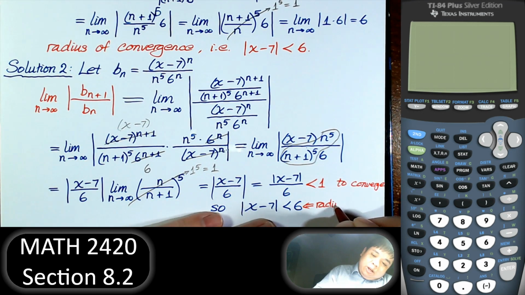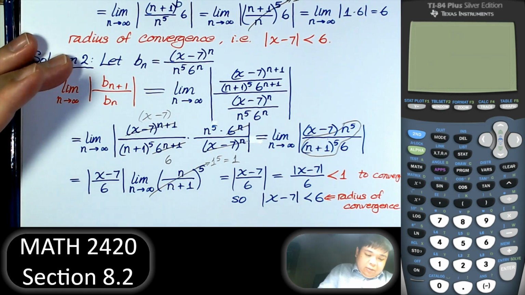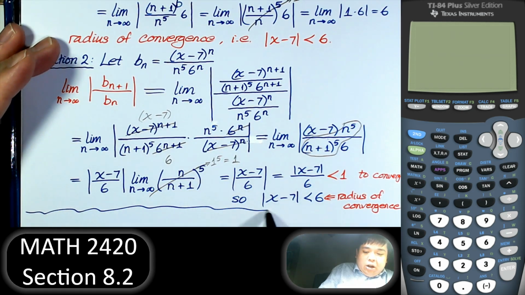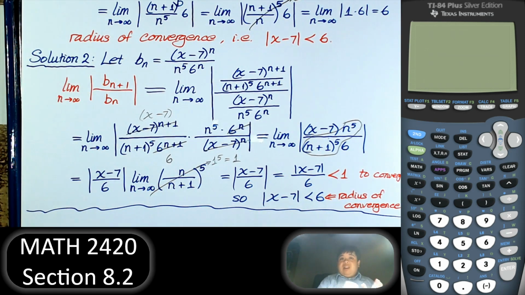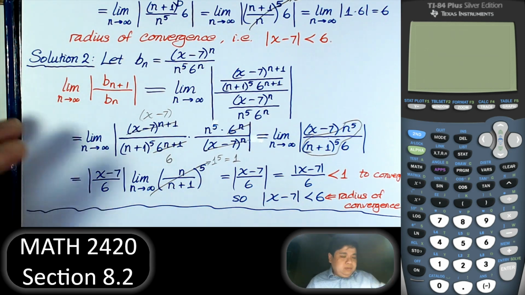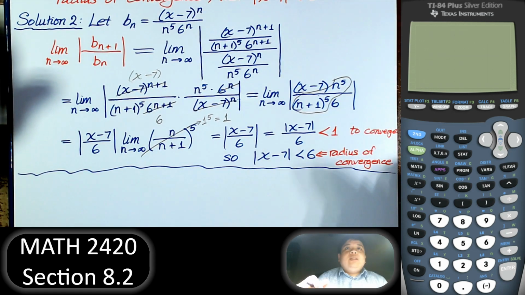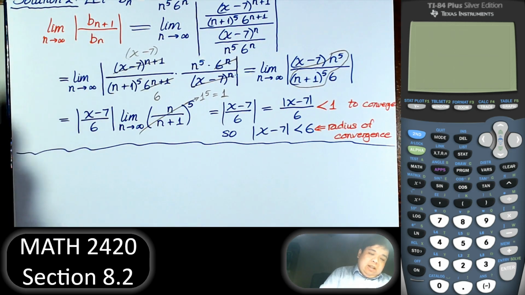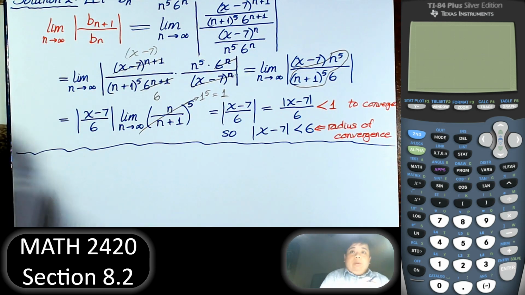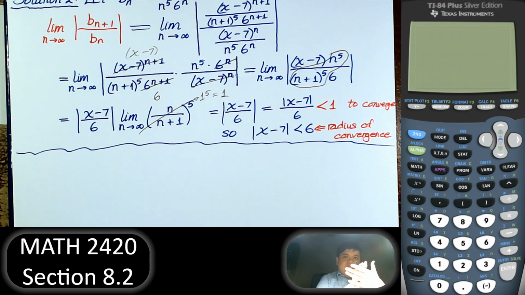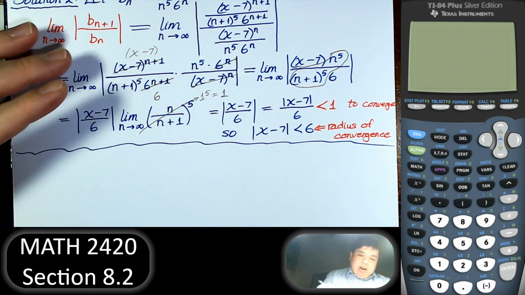So that gives us the radius of convergence. Both solutions give us the same thing, |x minus 7| less than 6. Now, of course, we know the center is 7. We go 6 on the left, 6 on the right, right?